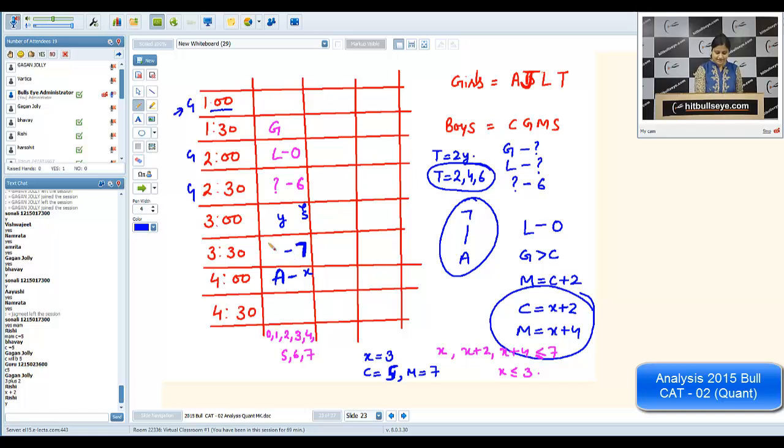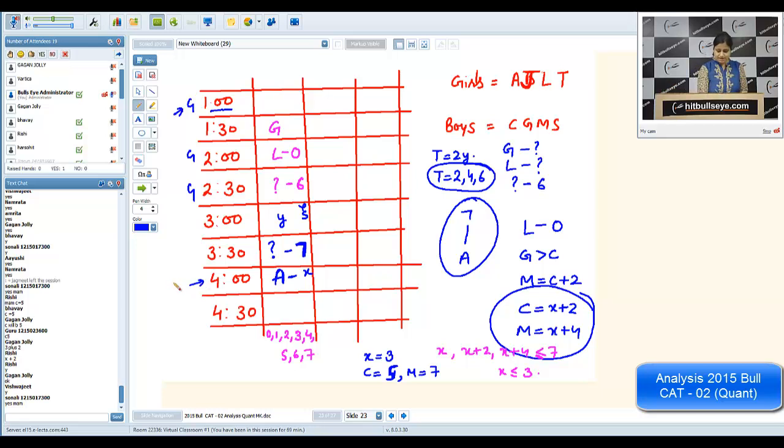Are you getting me, guys? Now if I take Marty as 7 and C as 5 and X as 3, it will not give you a correct solution.